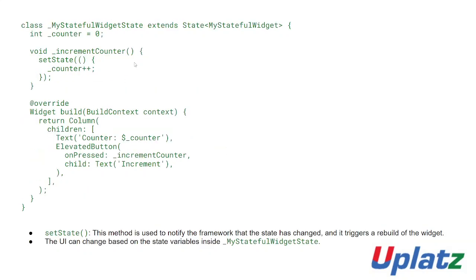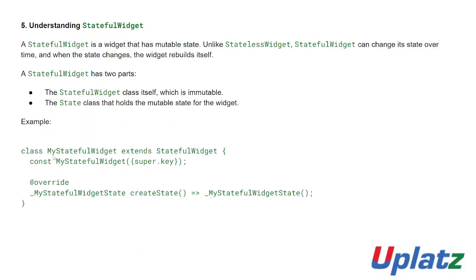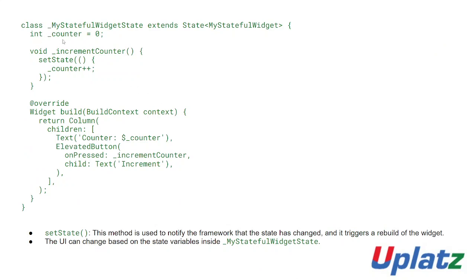Okay, you got it? Now class _MyStatefulWidgetState extends State of which type? Of MyStatefulWidget, that we defined here previously. It is the class, and it is of type StatefulWidget because it is extending that class. int _counter is equal to 0.